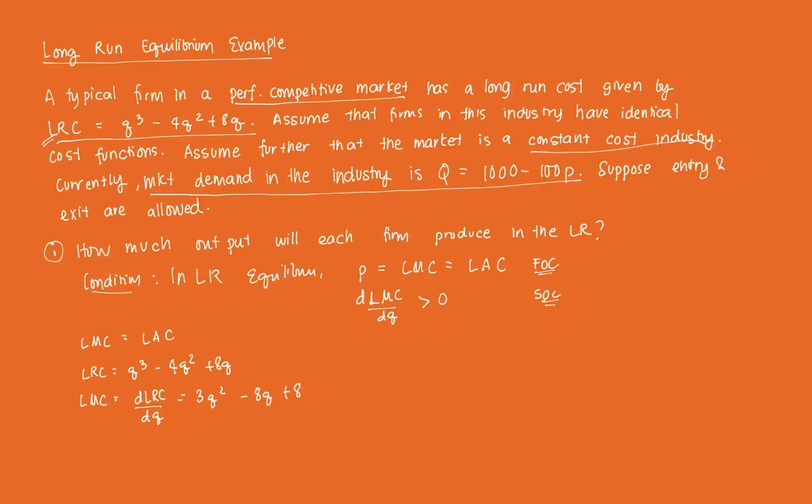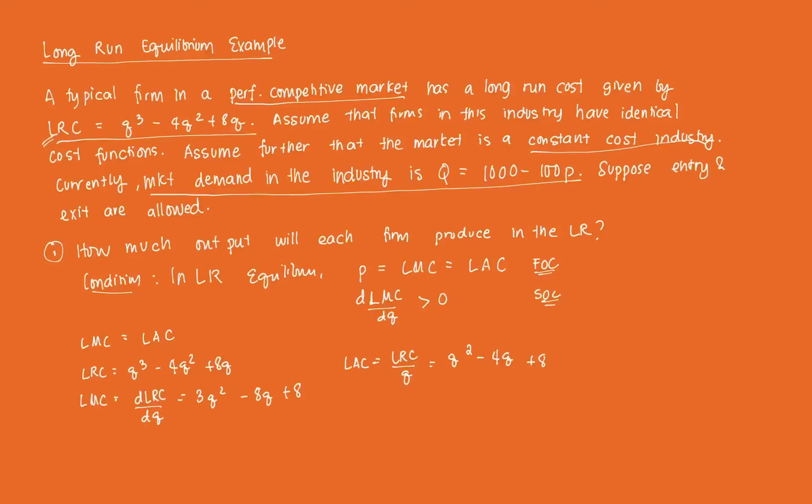So that's LMC. Then LAC is just equal to LRC over Q, so that's going to be equal to Q squared minus 4Q plus 8.